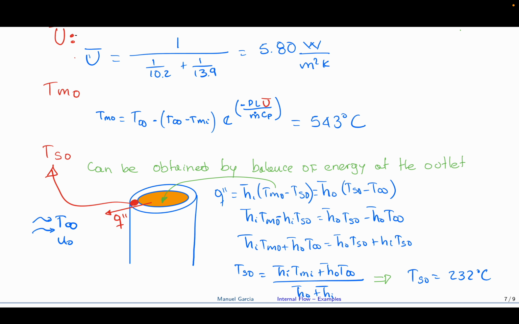So Q double prime, that energy, is the same, and is equal to the convection coefficient from the internal flow multiplied by the mean temperature at the exit minus the temperature at the surface at the exit, and that should be equal to the external coefficient that we also found, multiplied by the difference between the temperature of the surface and T infinity, the surface at the exit and T infinity.